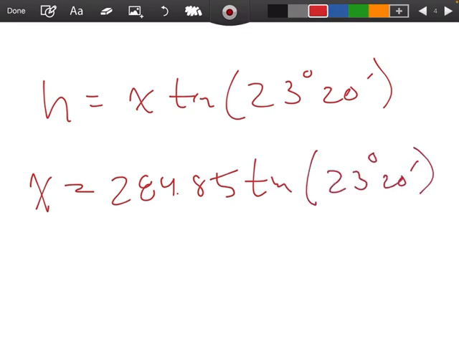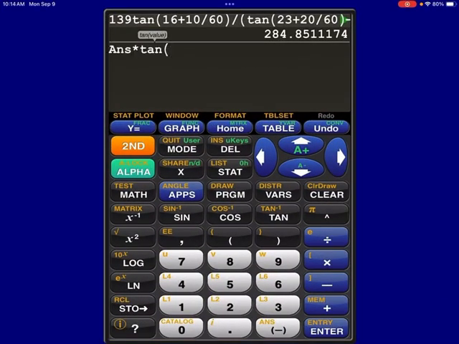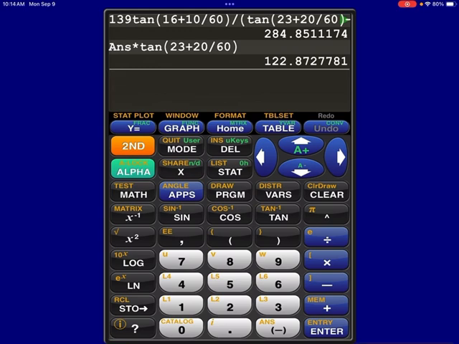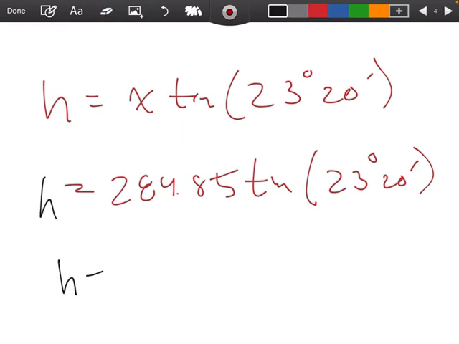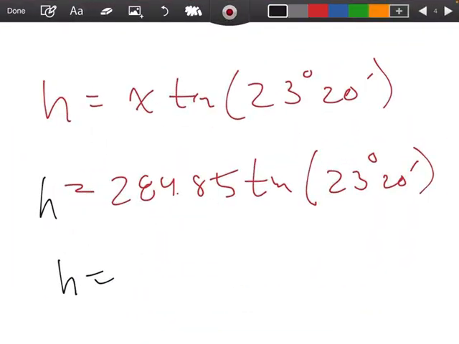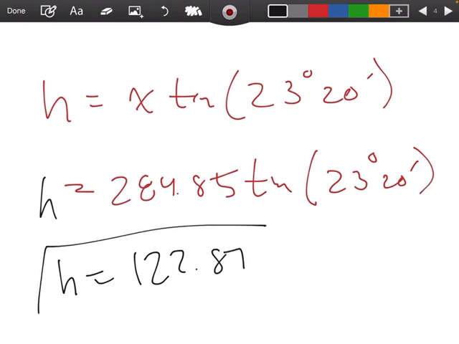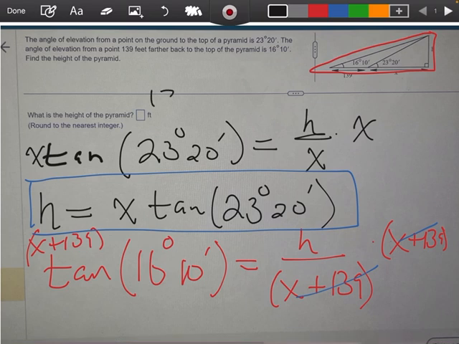I'm coming up with 122.87. Oh, I'm sorry, that was not my x, but my h. So h was equal to 122.87. And I think the question asks us to round to the nearest integer, so we would say 123. Okay, I hope this makes sense. If y'all have any questions, let me know.